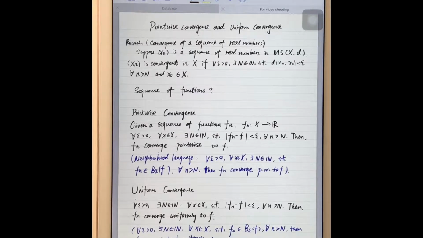Suppose x_n is a sequence of real numbers in the metric space (X, d).